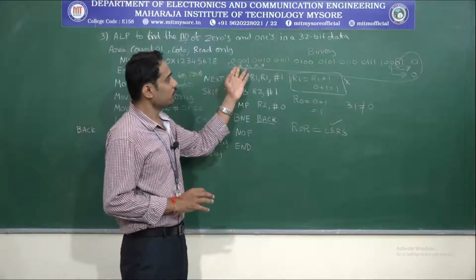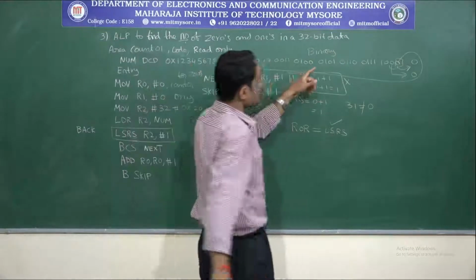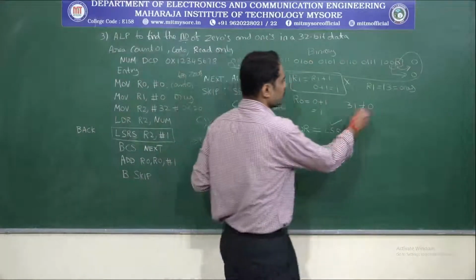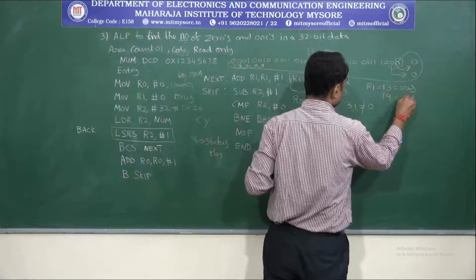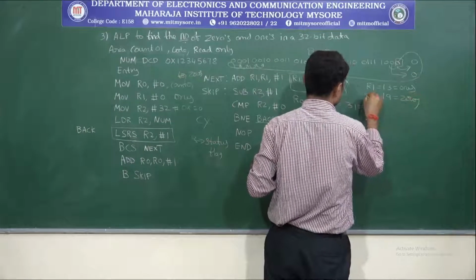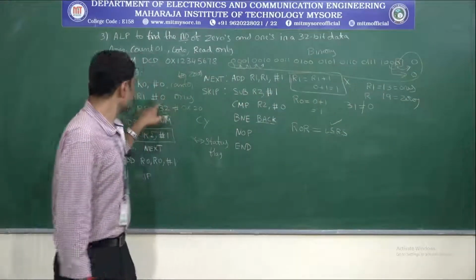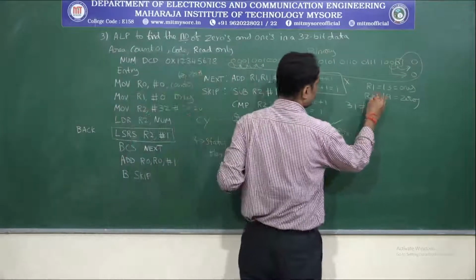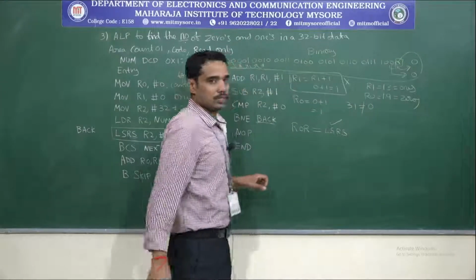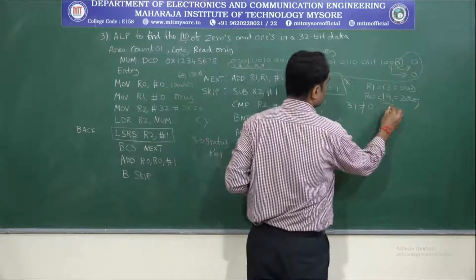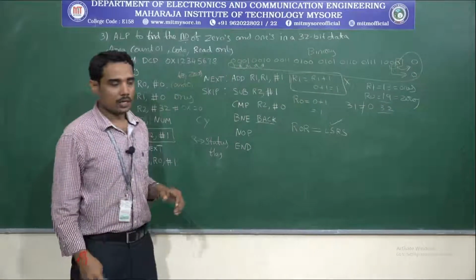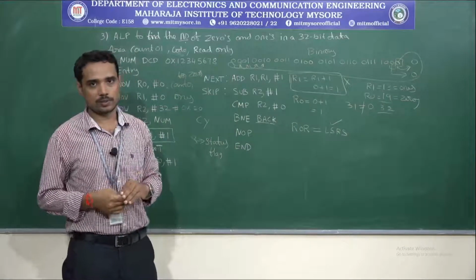In this case, there are 13 ones, meaning 19 zeros. Zeros are taken into account in R0. 19 plus 13, we get 30. Like this the program goes.